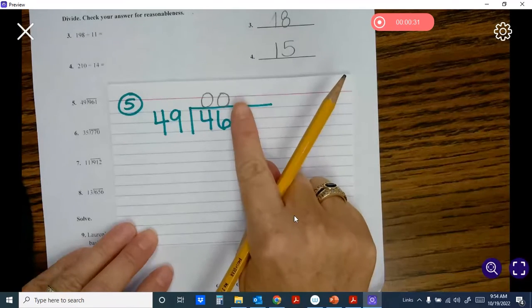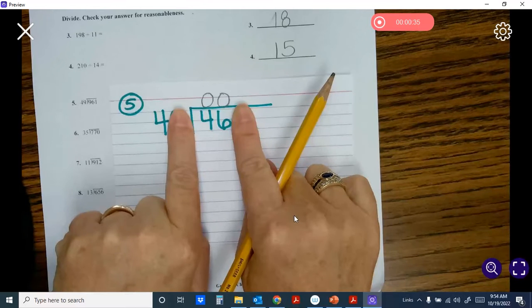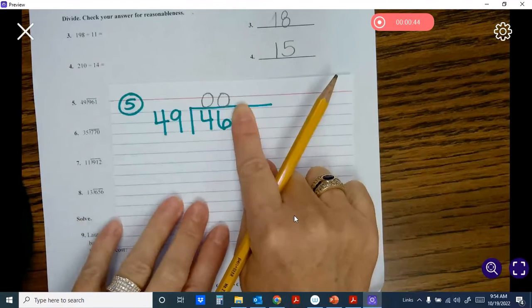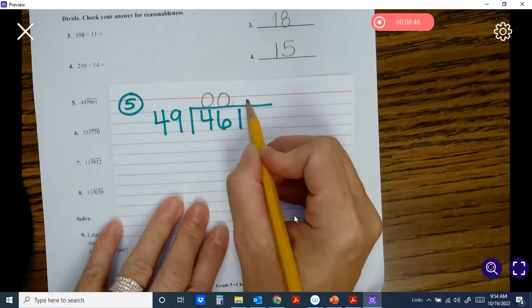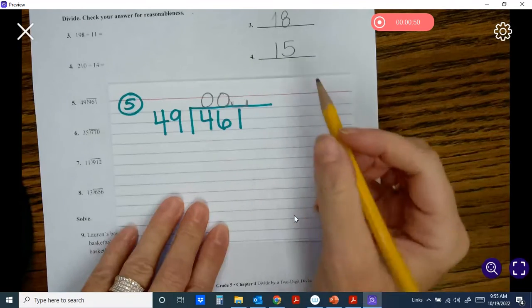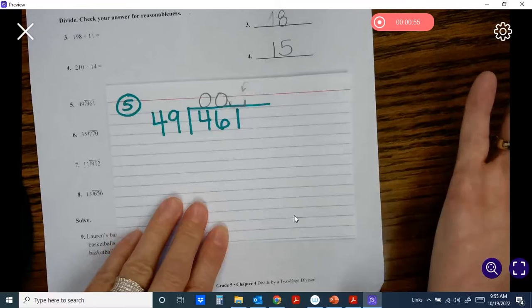We're going to cover up the last digit in each number. Now, 4 can divide 46 10 times. But I cannot fit a 2-digit number here. You can only put a 1-digit number there. The largest digit that can go in here that is closest to 10 would be 9.